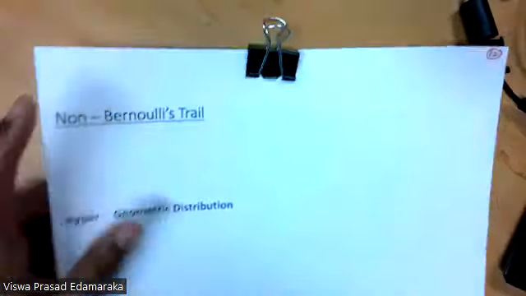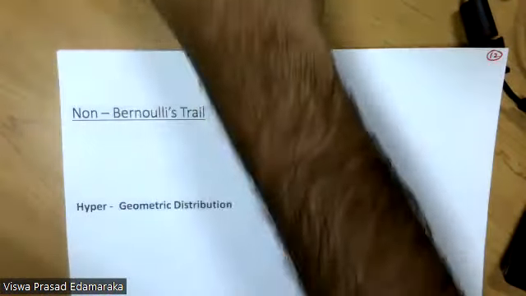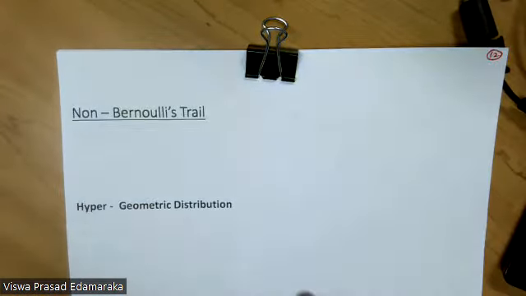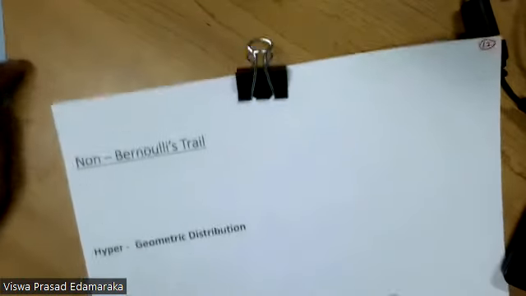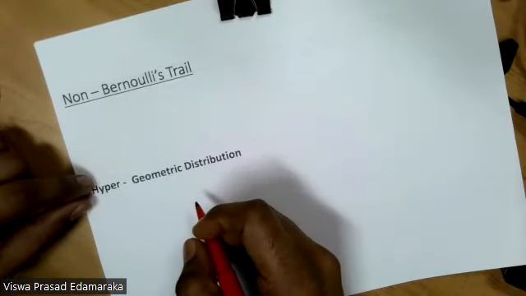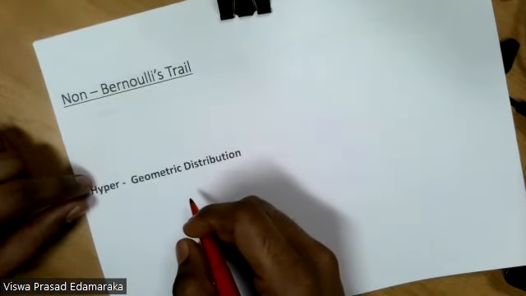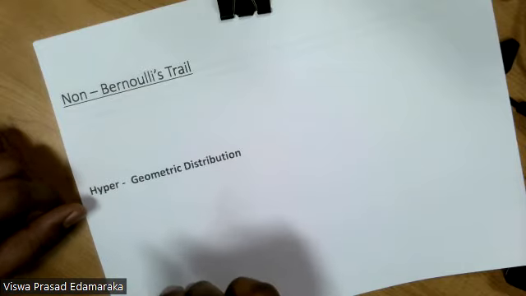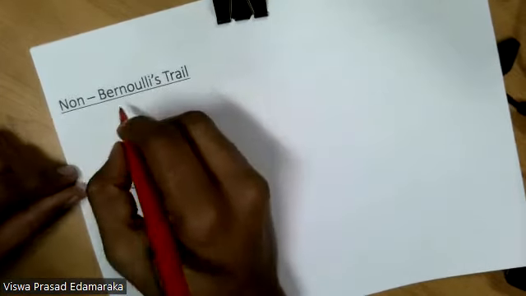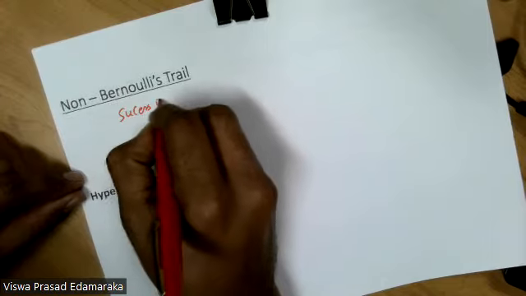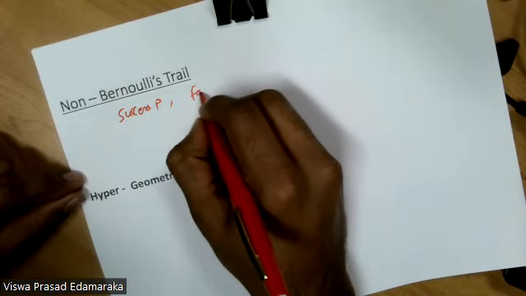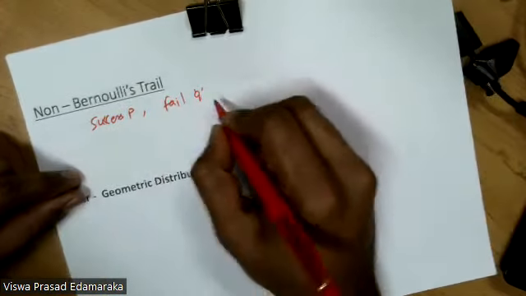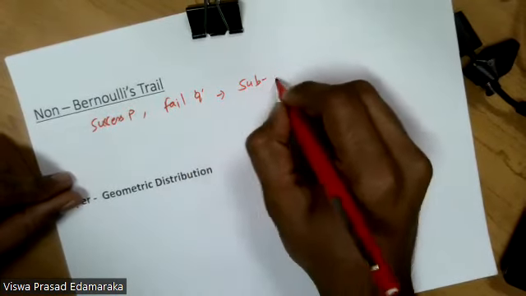Next, we'll look into non-Bernoulli trials. What is a Bernoulli trial? We have seen that, and now the non-Bernoulli trial. It's a trial in which the probability of success is P. Here also there is a success P and failure Q, which will happen in the subsequent trial.